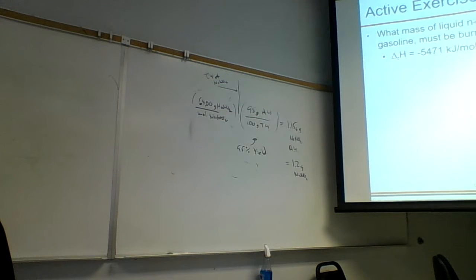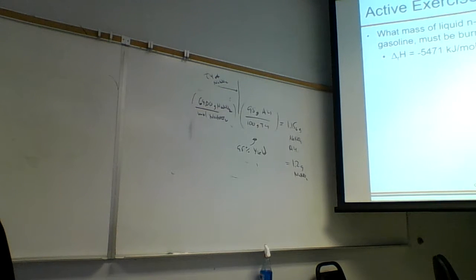Now, is the energy a product or a reactant here? It's actually a product because the negative tells us energy is released. And so it's going to be plus 5471 kilojoules of energy burned. Okay, this is if I keep the fraction. If I get rid of the fraction, I have to multiply everything by 2.